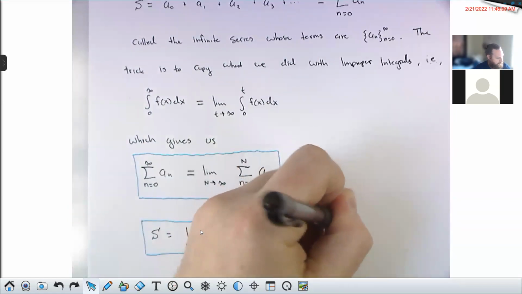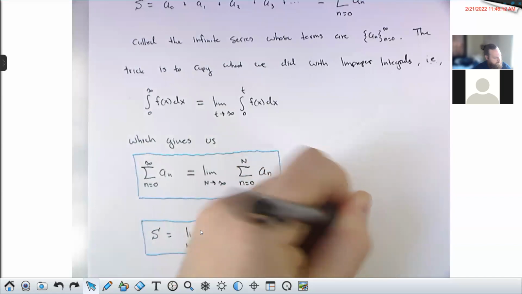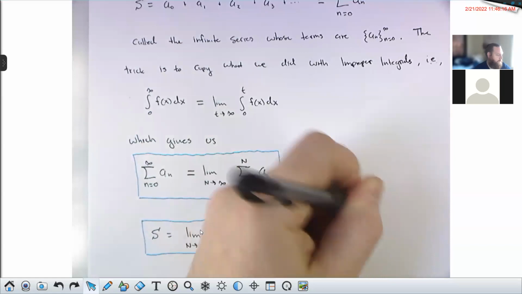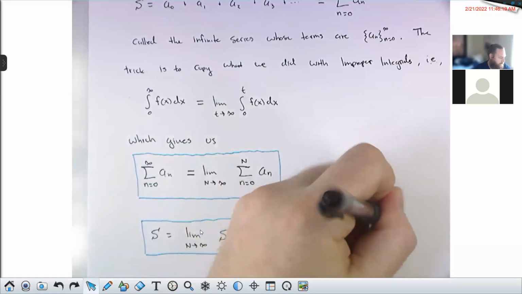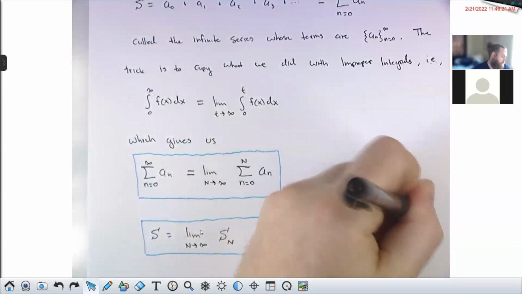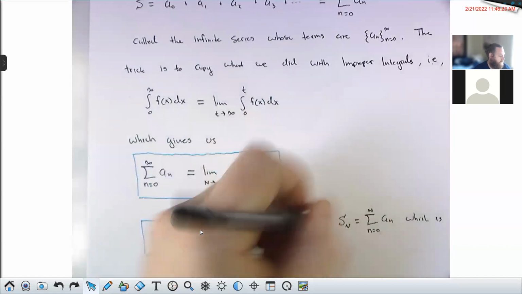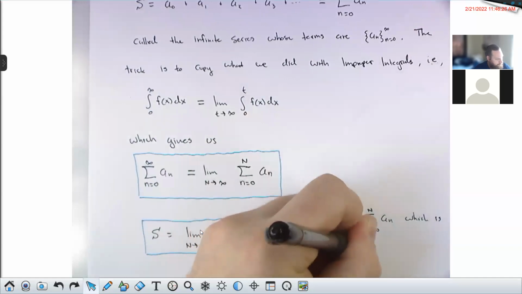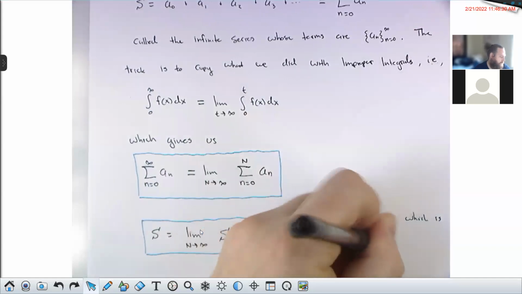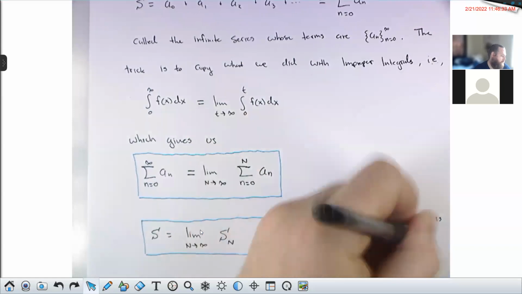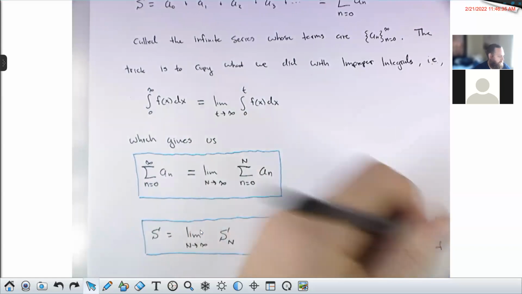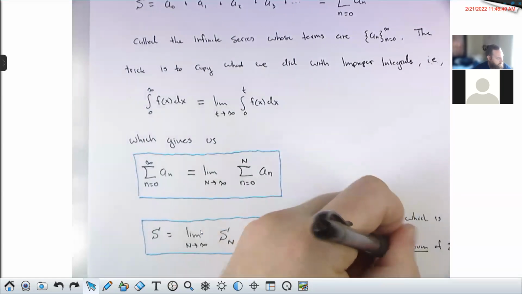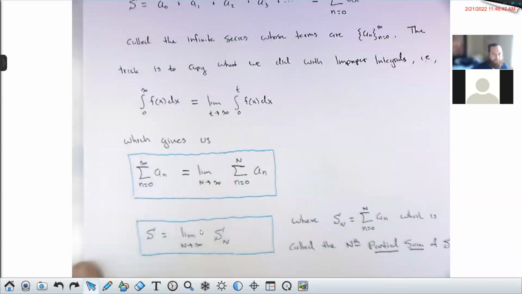Where S sub N is the sum from 0 to capital N of a_n, which is called the capital Nth partial sum of the full series S. And these words, partial sum, are very important.